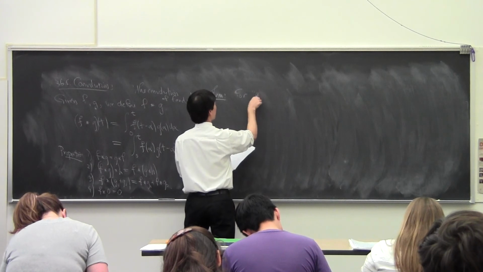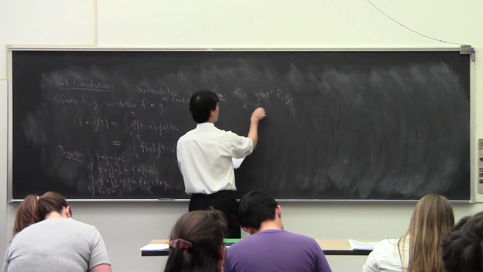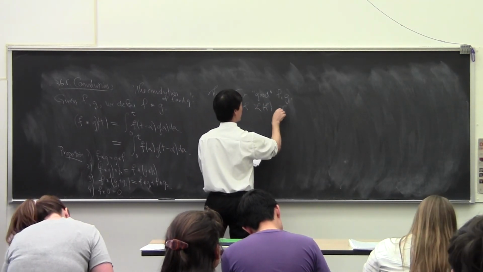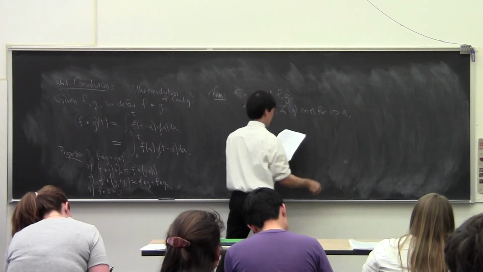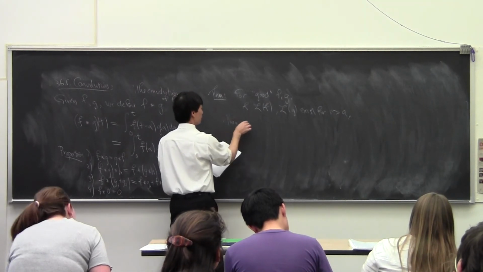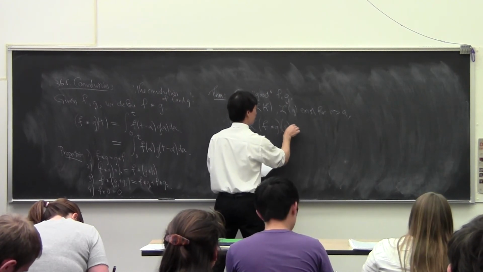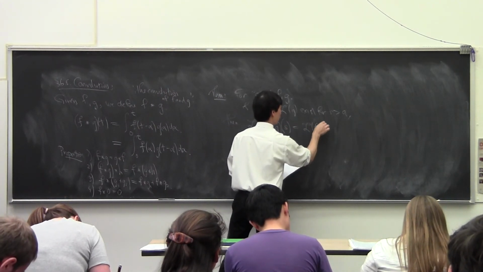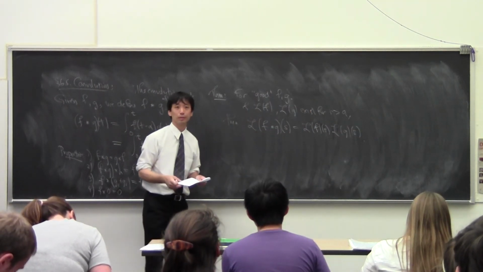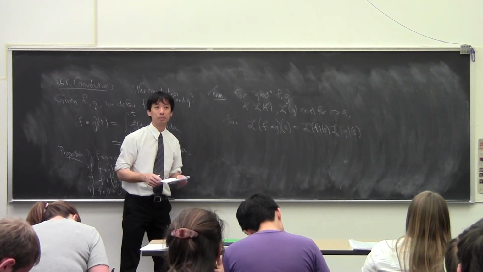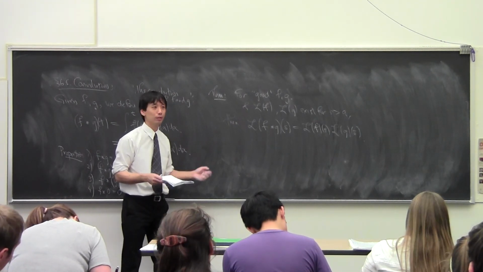For good f and g, if the Laplace transforms LF and LG exist for s bigger than a, then the Laplace transform of the convolution is the product of the Laplace transforms. It takes convolution and turns it into multiplication.